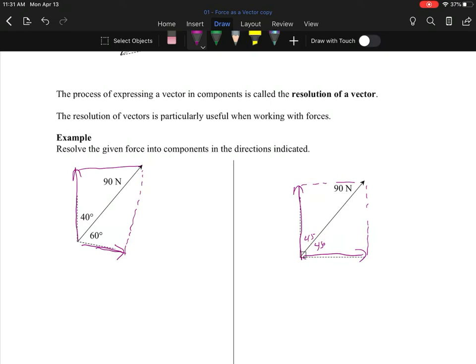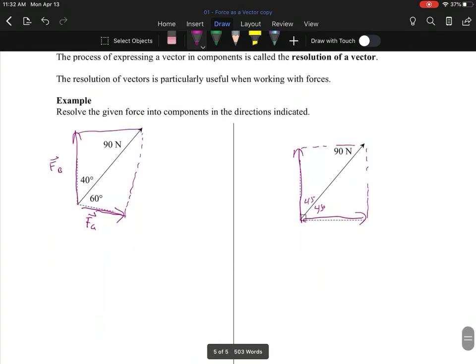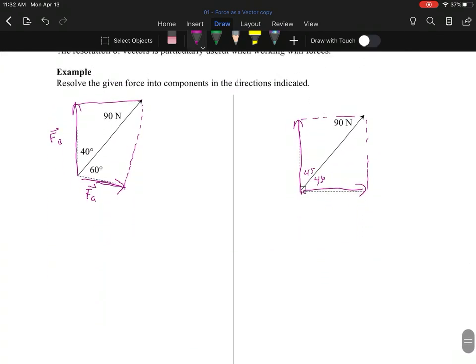Actually, it looks like it's complicated, but it's really not. If I want to find this force in this direction here, I'll call it a force in the A direction, and I'll call this one force in the B direction, I'm really just doing a fairly simple application of trigonometry. For the force in the A direction, I'm just going to call cos of 60 degrees equals force in the A direction divided by the hypotenuse 90, and so I get force of A equals 45 newtons.